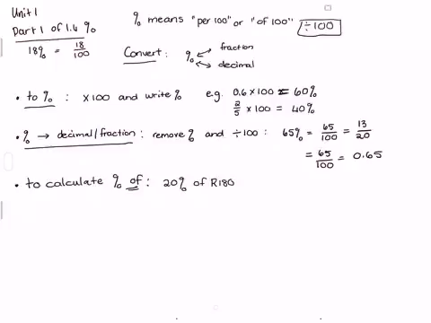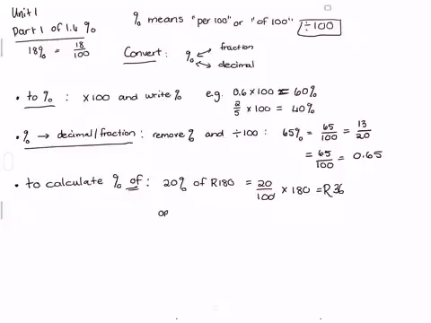You would simply say 20 over 100 times 180. And notice I did not put my rand sign. I don't put my units while I'm doing the calculation. But now when I get the answer, remember to include your units again.